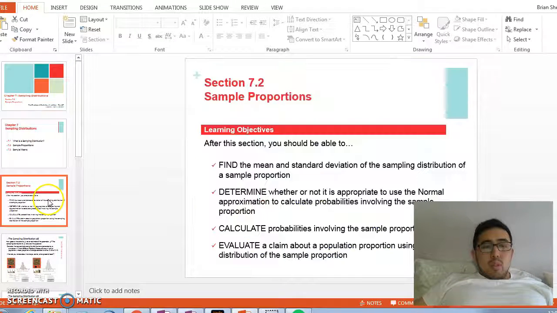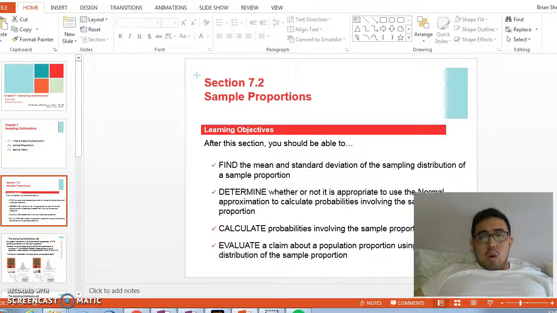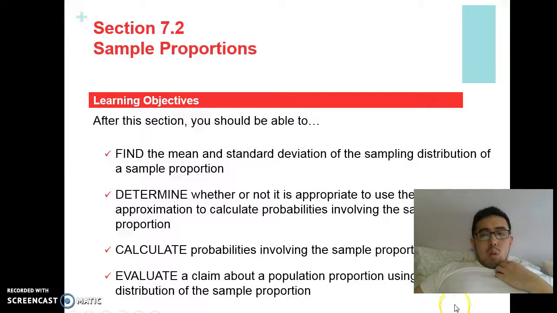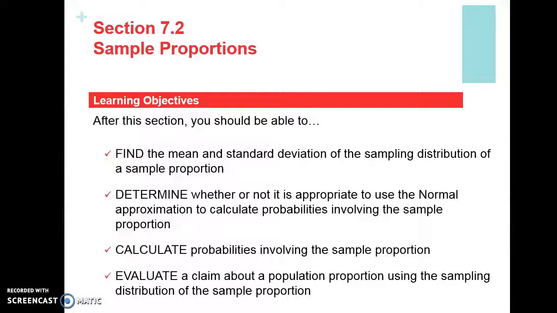Okay. So here are our objectives. We want to be able to find the mean and standard deviation of the sampling distribution of a sample proportion. We want to determine whether or not it's appropriate to use the normal approximation to calculate probabilities involving the sample proportion.